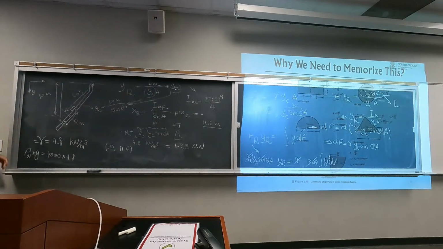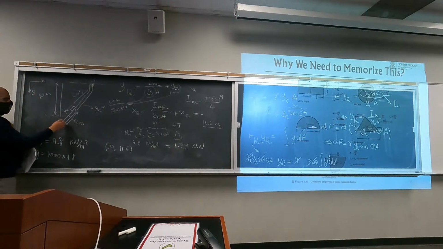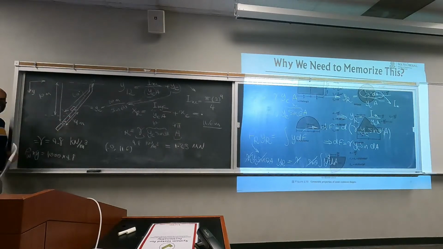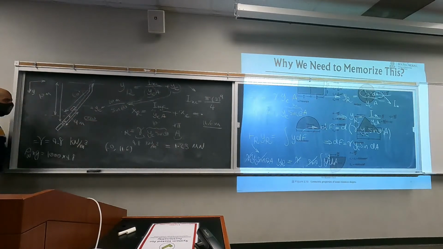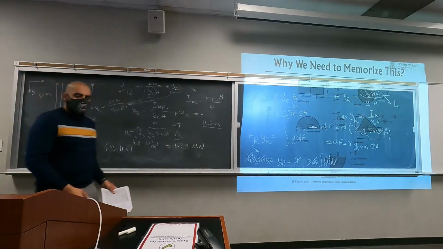Okay, so this force is being applied on a location that is deeper than your centroid. Essentially this force is pushing your gate in this direction, right? It wants to rotate the gate counterclockwise. That's why we have the stop. Are there any questions?